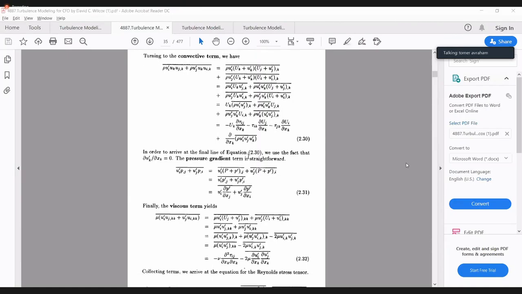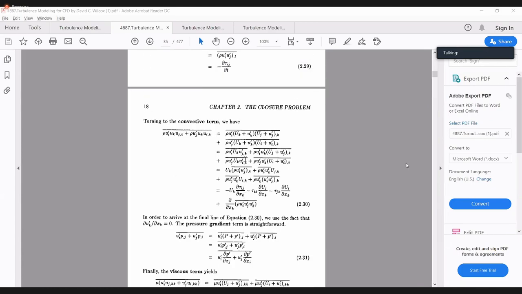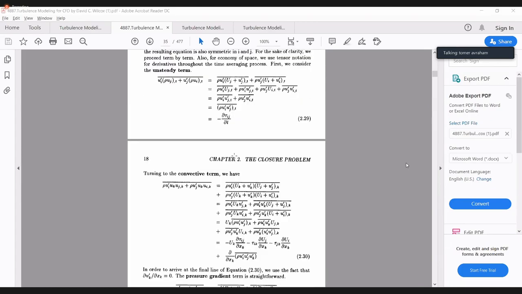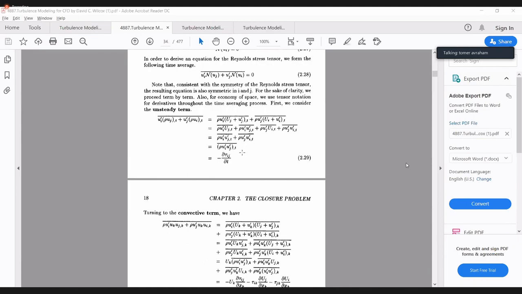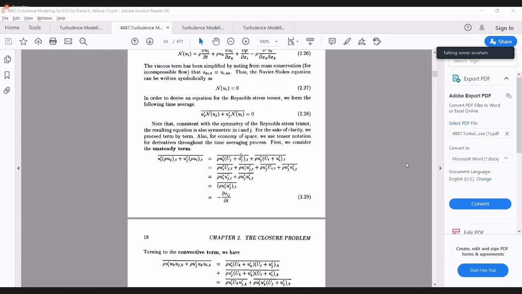This is black magic. And nonetheless, it is found that at least for two equation models, they give quite good results.